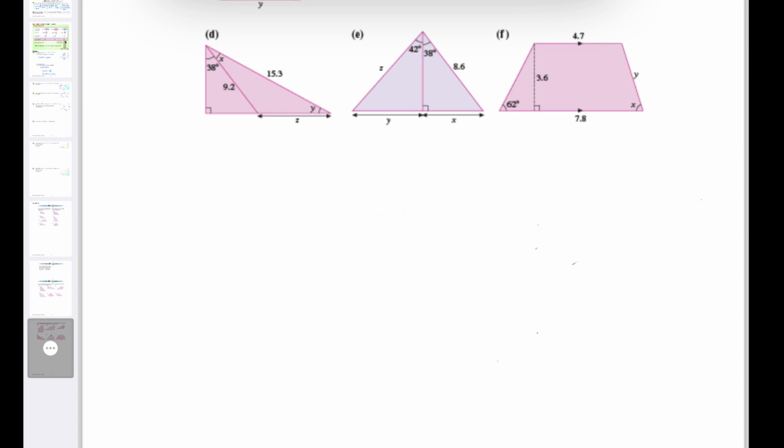If I were to draw a dotted line down here, which would make this a right angle triangle, one thing we can do is find this angle here, which should not help that much. Okay, how about we find this length here.